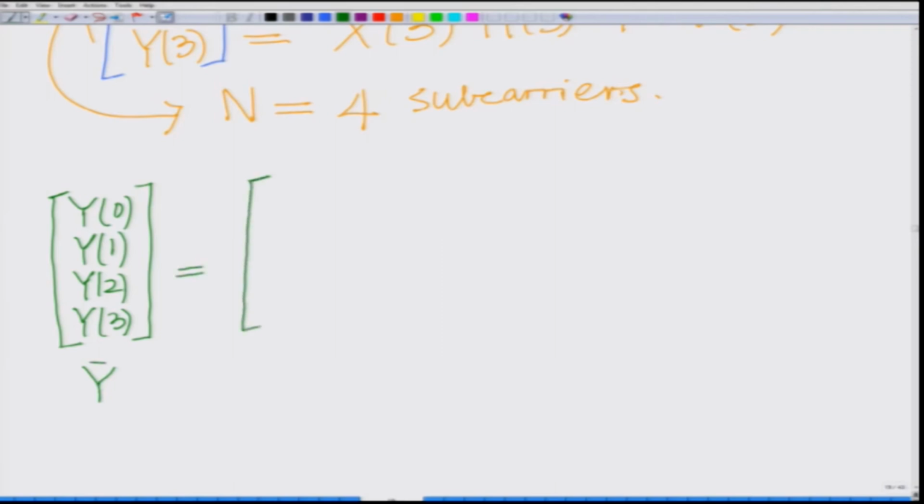You can see this is basically the diagonal matrix of x0, x1, x2, x3.